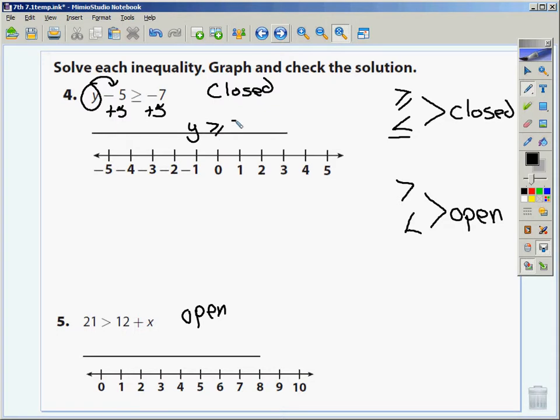Negative 2. I'm going to put in a closed circle on the negative 2. And if I want my number to get greater, which way do I go? To the left or to the right? I go to the right.